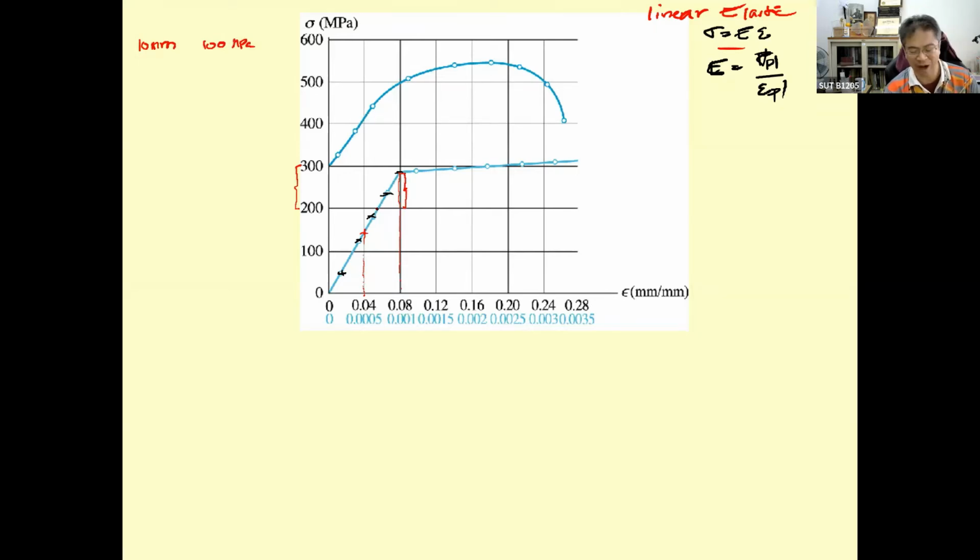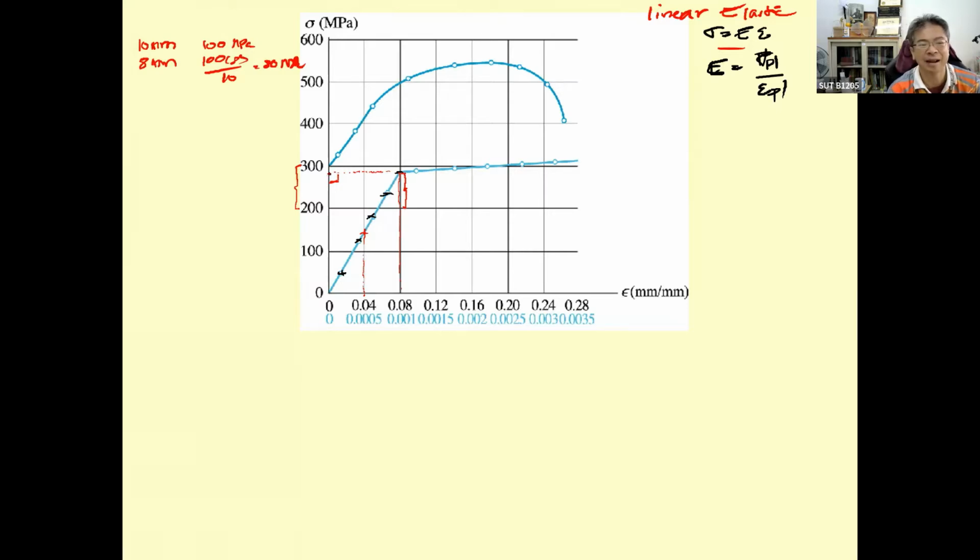Again, use your ruler or your projector to measure this, and that is going to be, for example, 8 millimeter. So it is 100 times 8 divided by 10, which is 80 megapascal. Project this line, and make sure it is normal to the vertical.